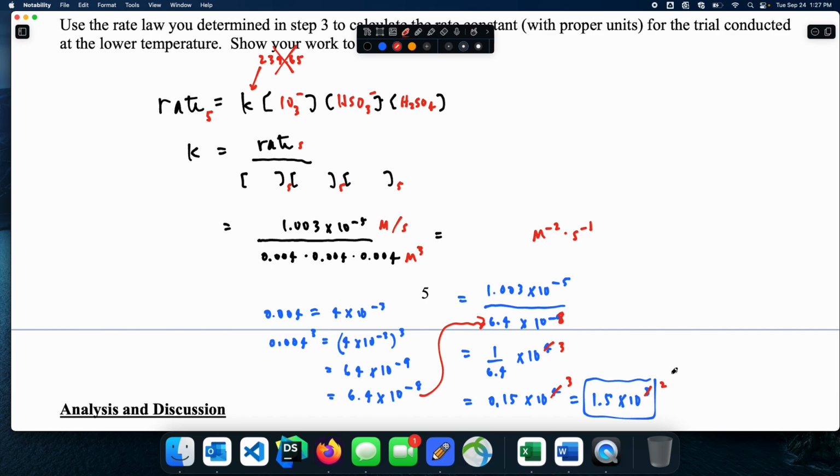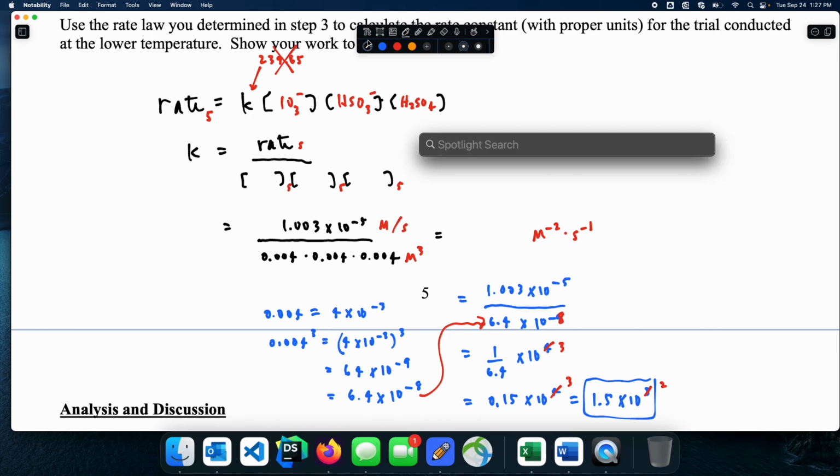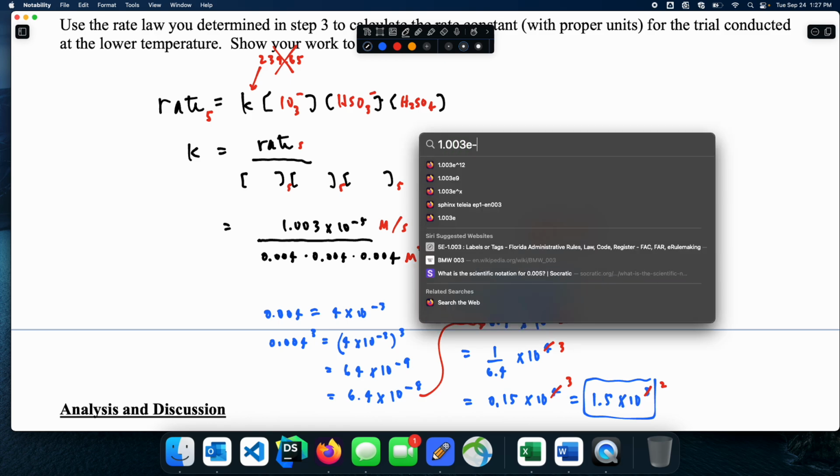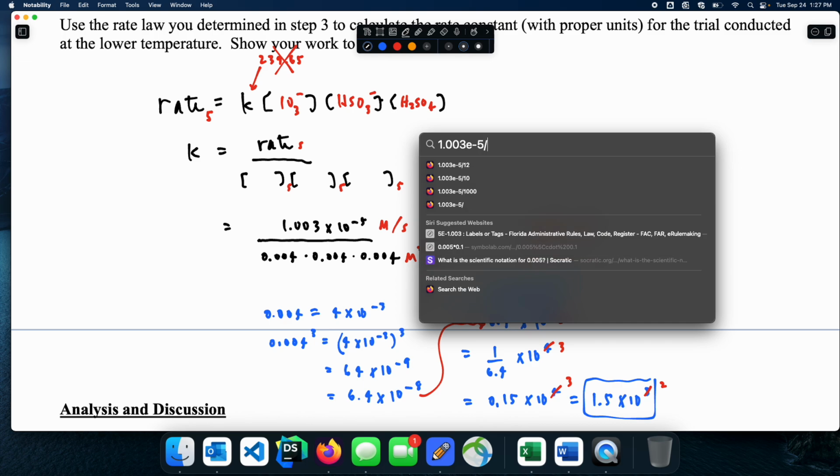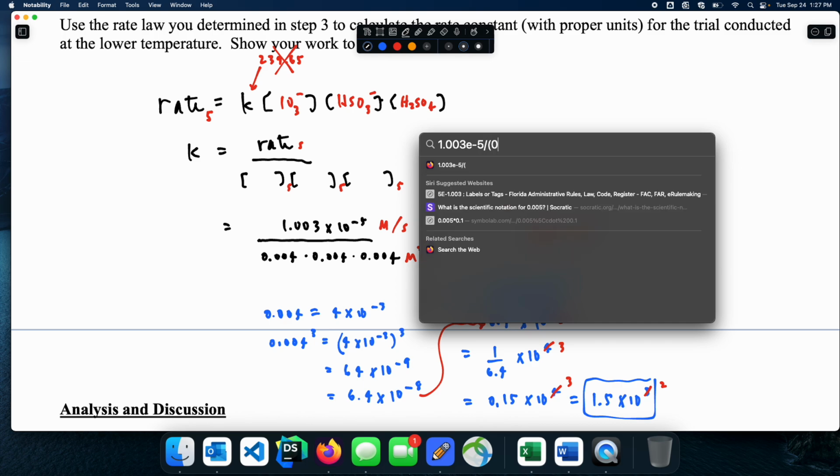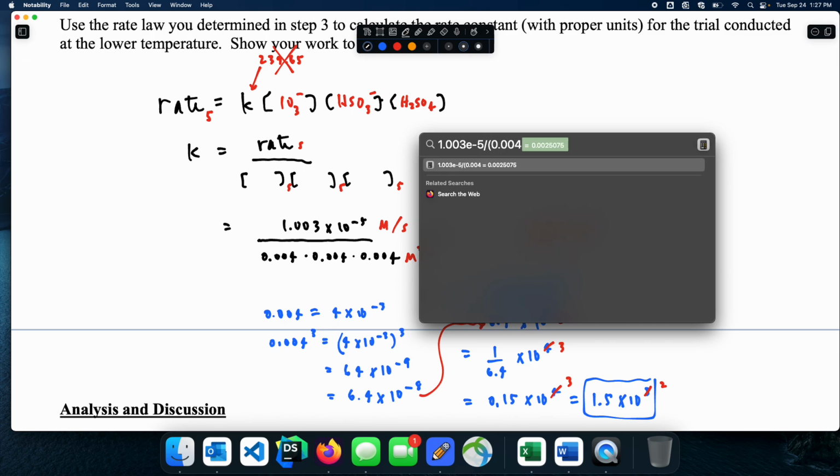All right, and it'd be amazing if you guys were thinking so clearly that you could see that from where you're sitting, but it is just math that I'm doing right there. All right, so let's go back and do this now. I'm going to go 1.003 times 10 to the minus 5 divided by 0.004 raised to the 3.